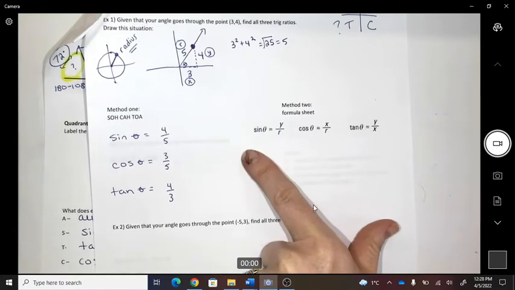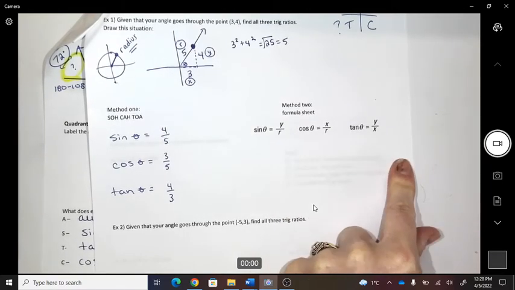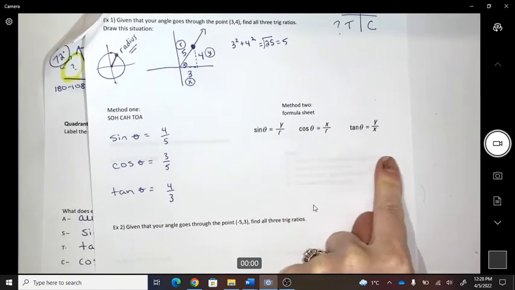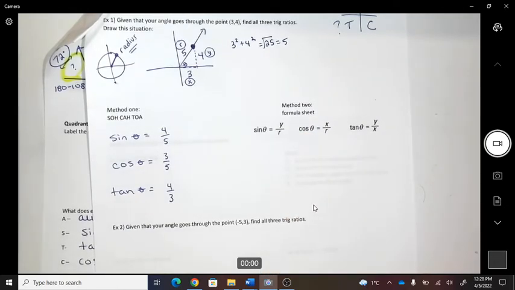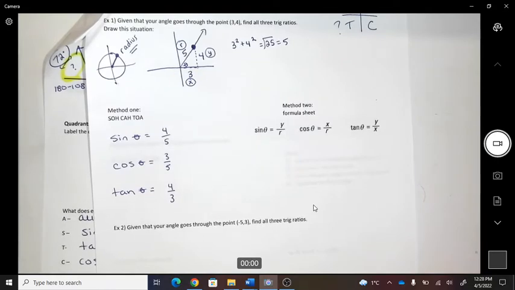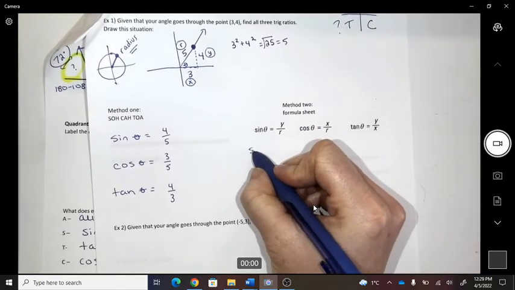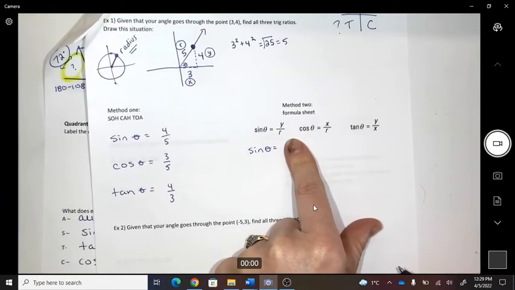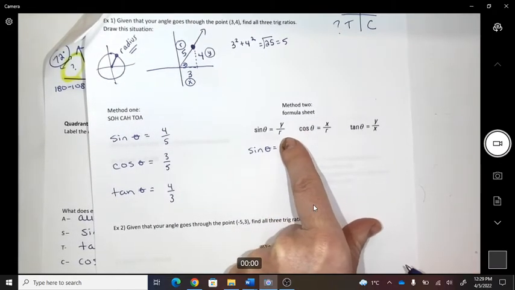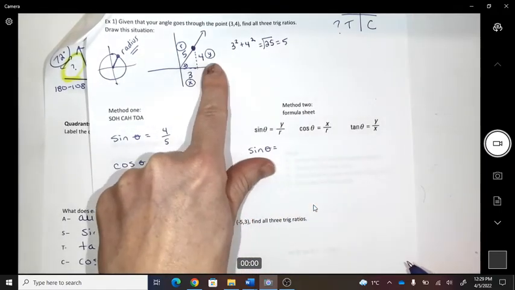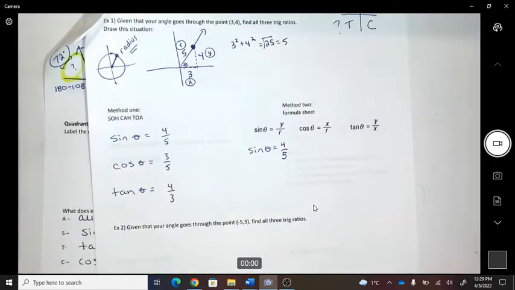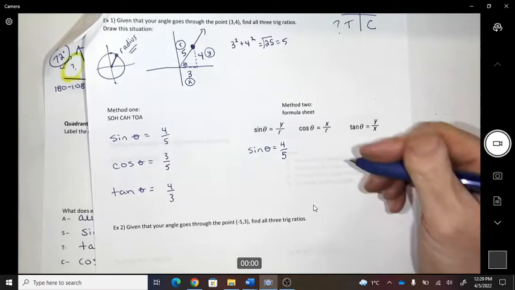Or grade 11 is that I give you these 3 formulas. Okay, I give you them in grade 11, and in grade 12 you have to have them all memorized. Okay, so if I'm going to do sine of the angle, the formula says take the y and divide it by the r. So y 4, r 5. Right? Same answer. Okay, so you can just pick which way you want.